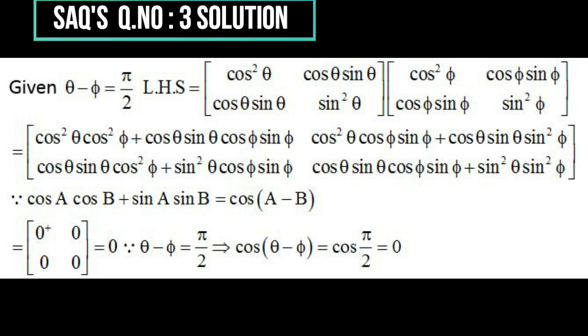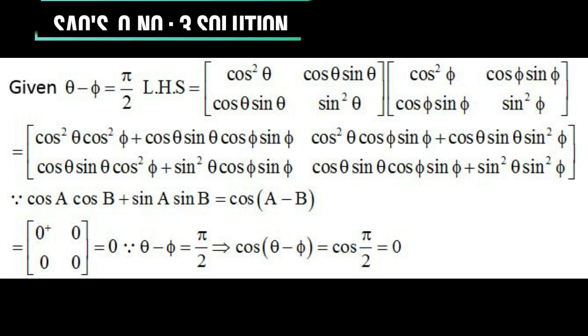Cos square theta into cos phi sin phi plus cos theta sin square phi. Next multiply the second row with first column. Cos theta sin theta cos square phi plus sin square theta cos phi sin phi. Next multiply the second row with second column. Cos theta sin theta cos phi sin phi plus sin square theta sin square phi.